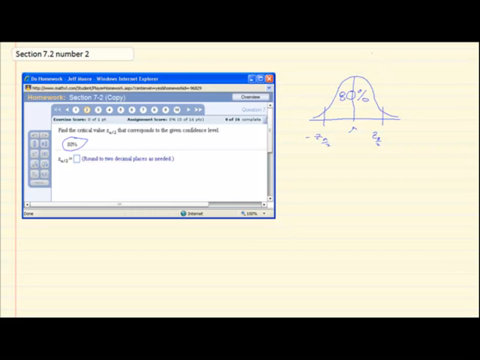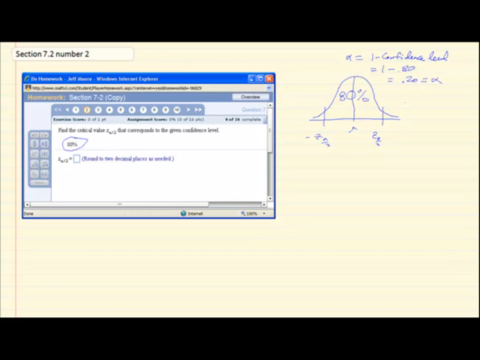And if I take and subtract the confidence level from 1, 1 minus 0.80, what I wind up with is 0.20, which is alpha. Alpha is 1 minus the confidence level.